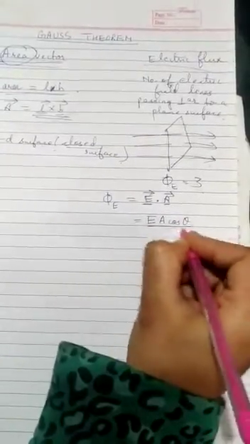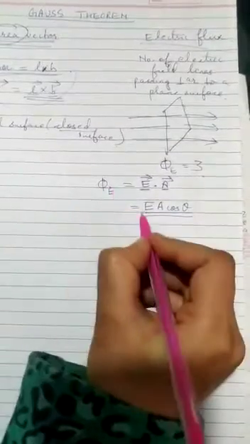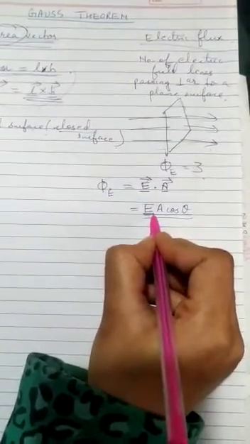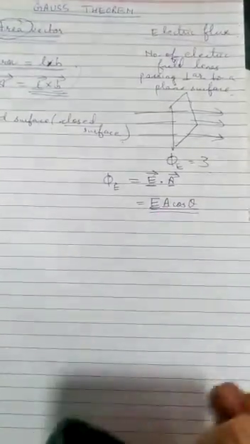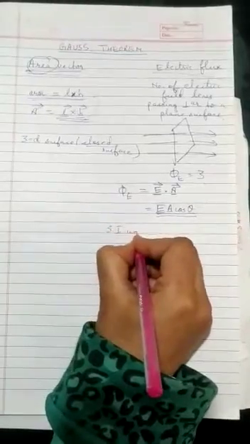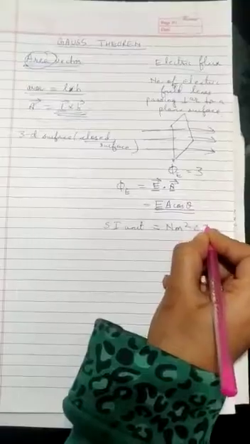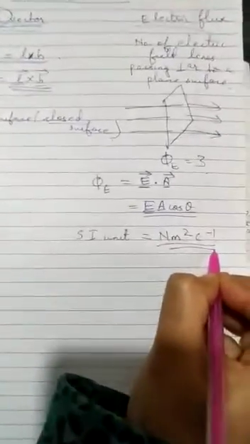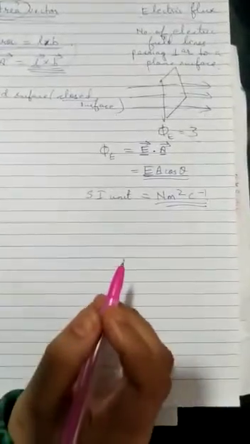From this expression you can conclude that electric flux depends on the electric field intensity. It also depends on the area vector. The SI unit of electric flux will be equal to Newton meter square per coulomb. You can also derive this unit from the formula that you already have. This is all about a uniform field.